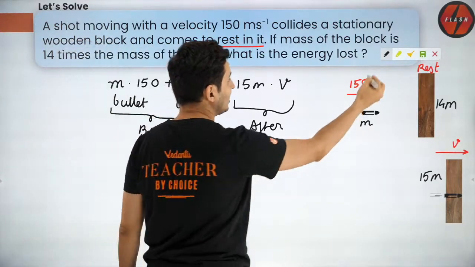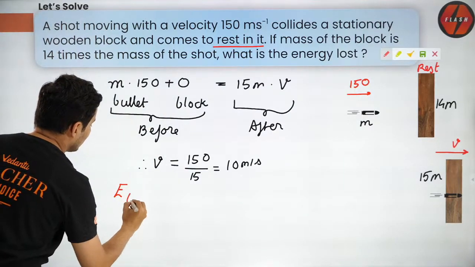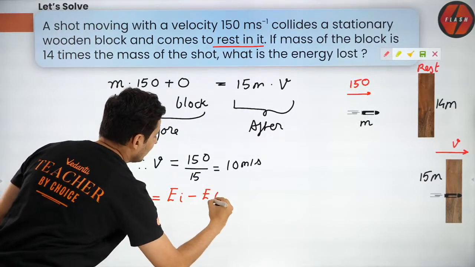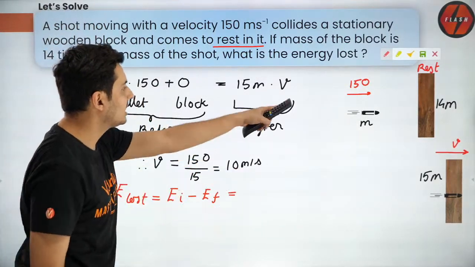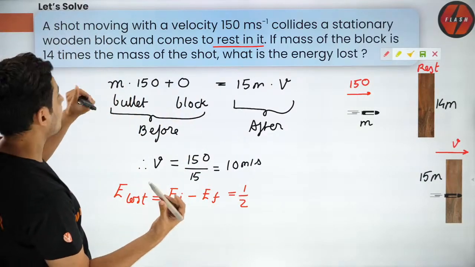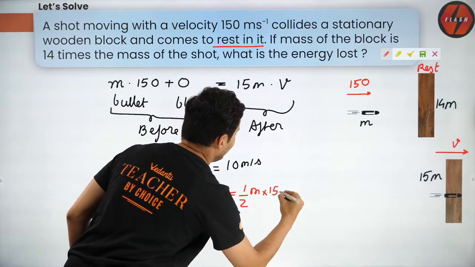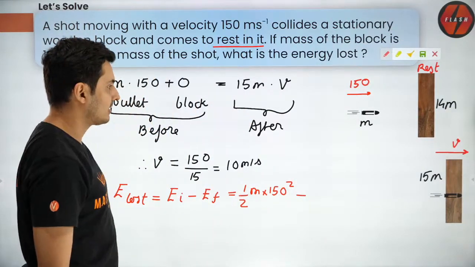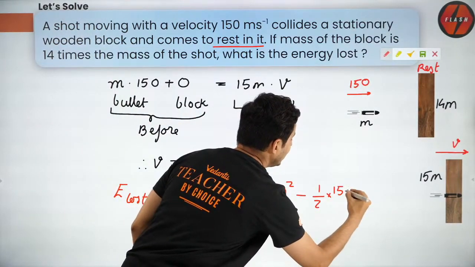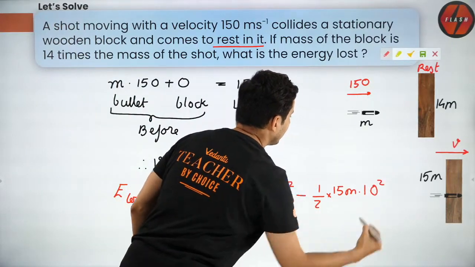But that's not the question. The question is, what is the energy lost? So how do I find the energy lost? The energy which is lost will be initial energy minus the final energy. Now what is the initial energy? It will be half into m, M is unknown, into 150 square, minus final energy, which will be half multiplied by 15m into the final velocity, which is 10 square.